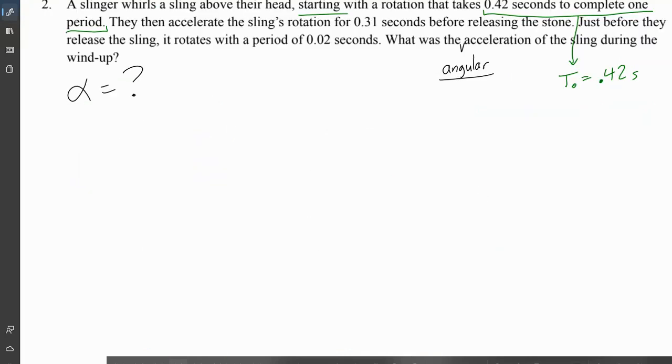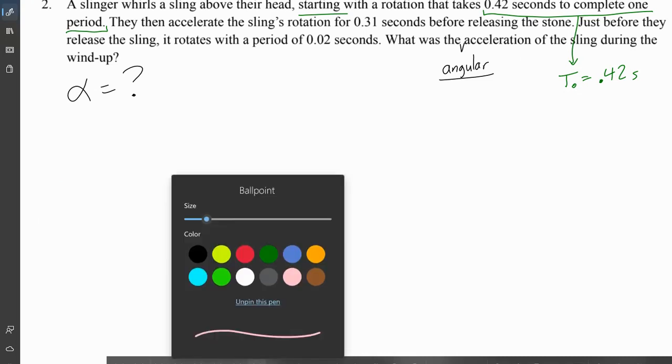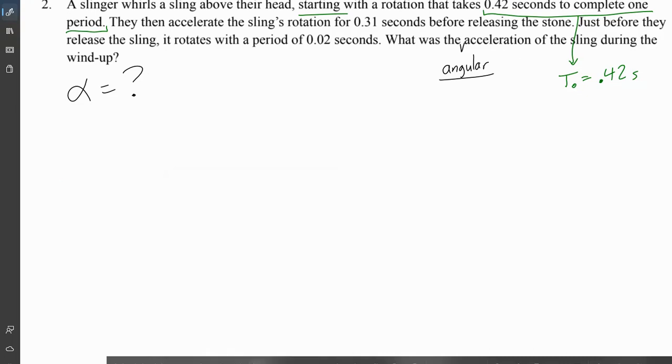Well, if we go back to, I'll just do a slight aside over here, and I'll do this in brown, why not? What is the definition of velocity? Well, velocity is distance over time. If we want to look at angular velocity, it would be delta theta over time.